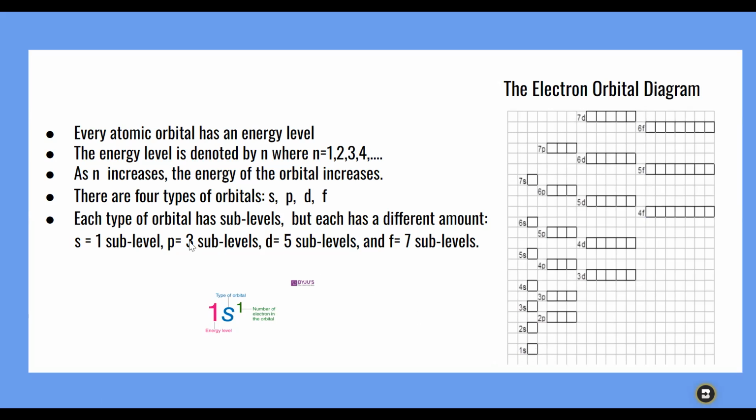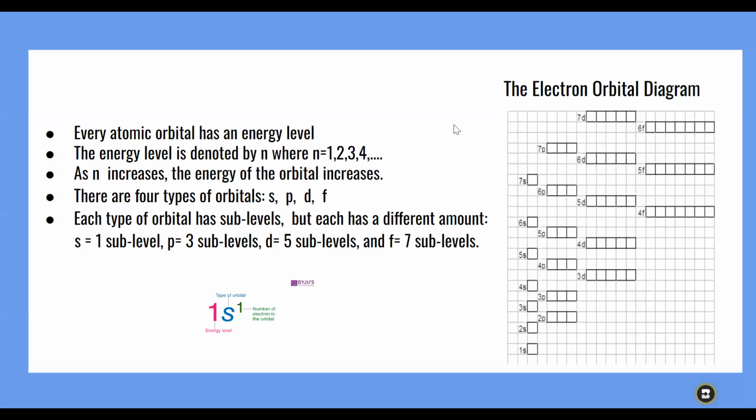P, when it's P, you have 3. D, 1, 2, 3, 4, 5. 5 sub-levels. F has 7. 1, 2, 3, 4, 5, 6, 7. Okay? So, I'll demonstrate to you how we can place electrons in their orbitals.